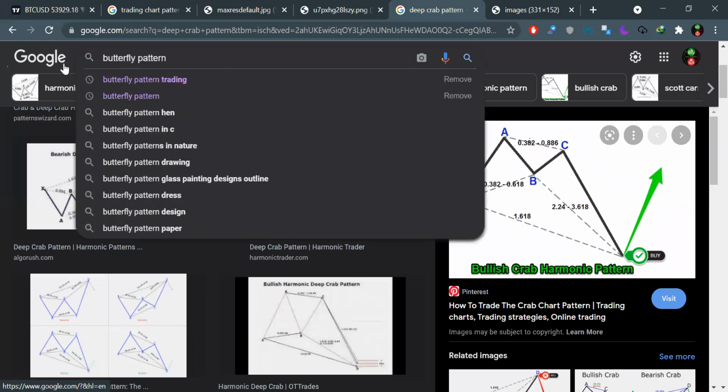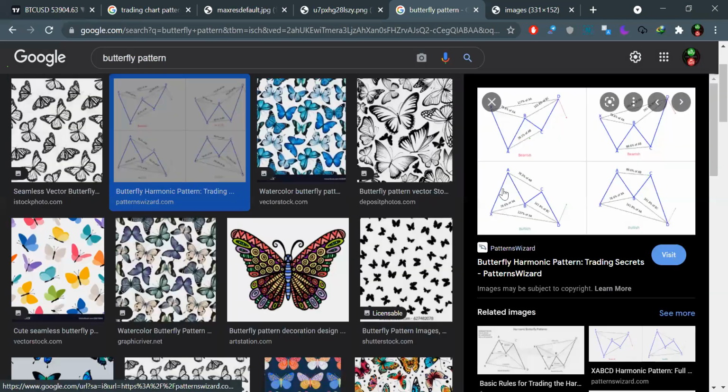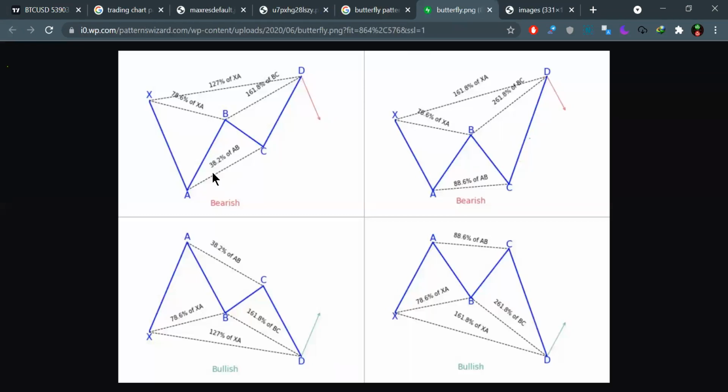You know, I'm not a big fan of harmonic, but some people use it. So I added harmonic as well. So look, here is a butterfly. See, here are two bullish butterflies, here is one bullish and a second bullish butterfly. Wow, this noise.